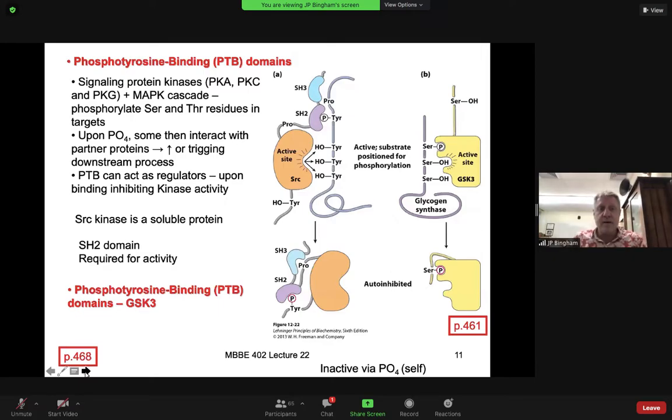So here we have our illustration of how we can use FRET, but in a different system, in regards to the phosphotyrosine binding domains. These are very important in regards to the MAPK cascade, protein kinase A, protein kinase C, and even a new one called protein kinase G, which we haven't talked about. What these phosphotyrosine binding domains basically do is utilize the serine and threonine residues as phosphorylation targets.